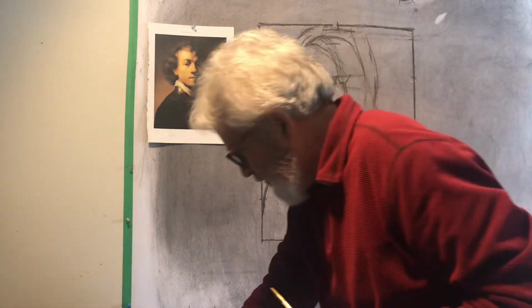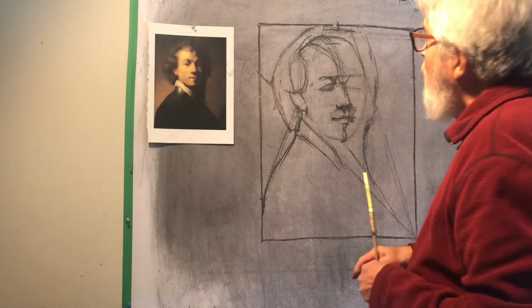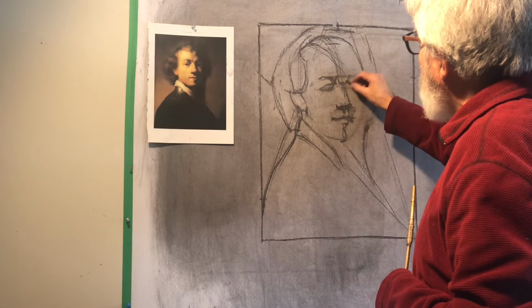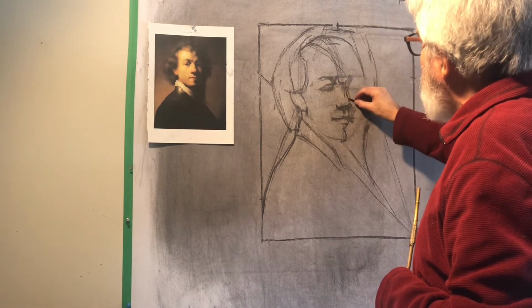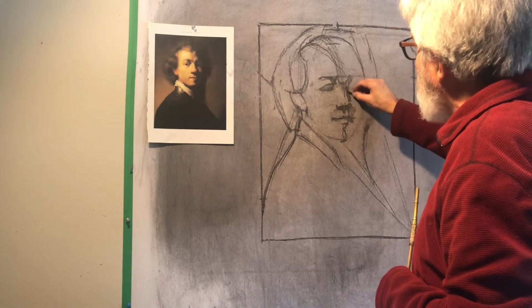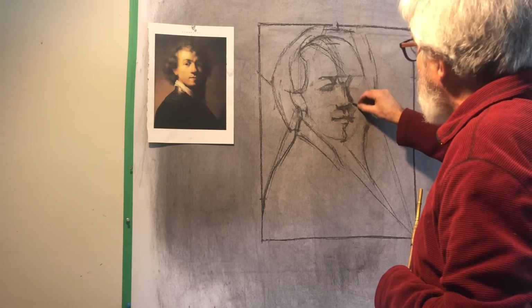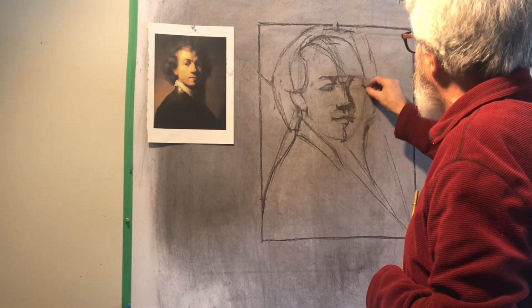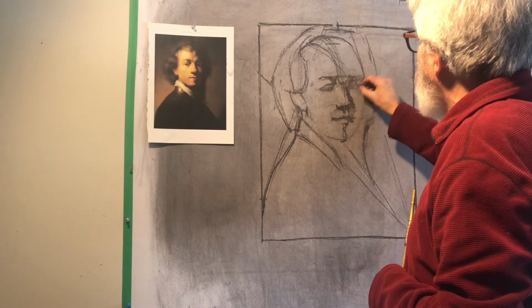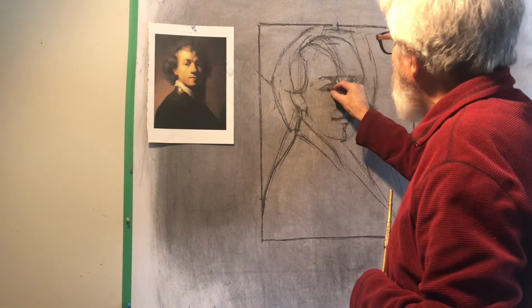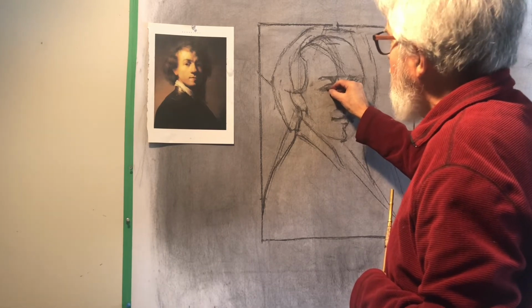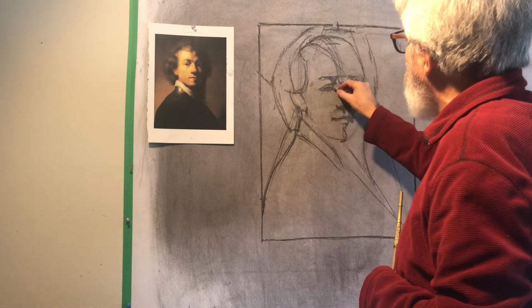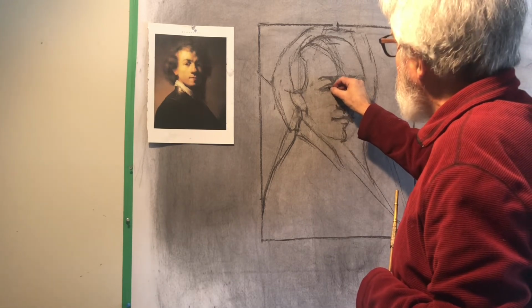I will take, on this side, I'm going to block in this dark. So I'm going to start to look at these dark shapes. This is going to come through. All of it being shadow. In here, I'm going to make a little angle for where I would want the feeling of the lid.